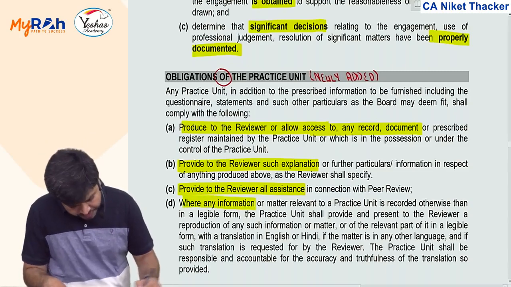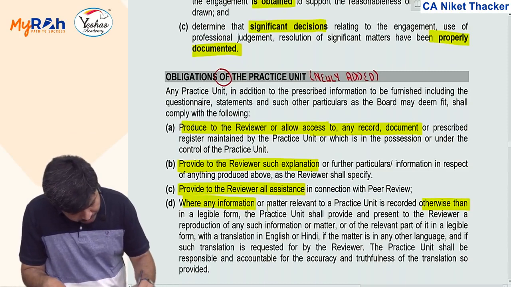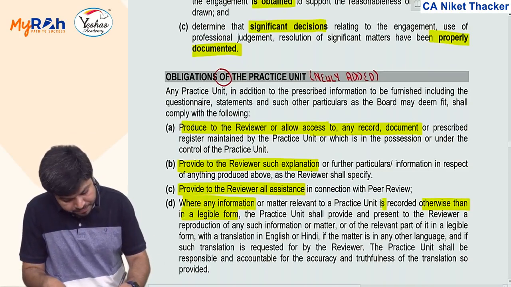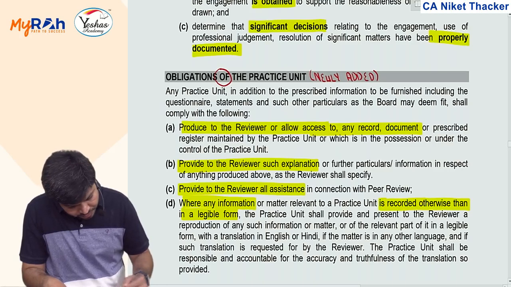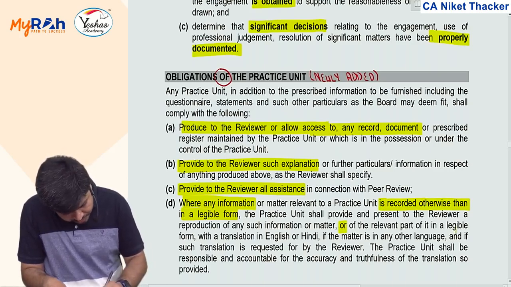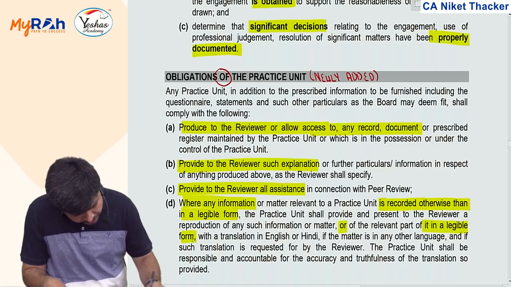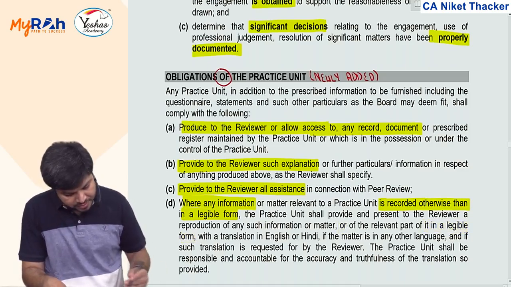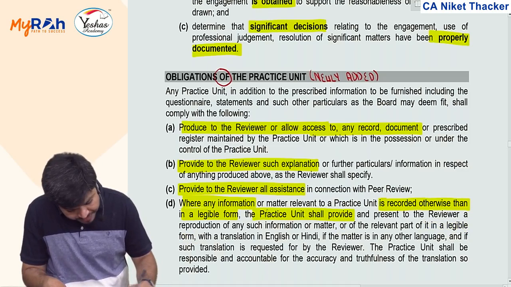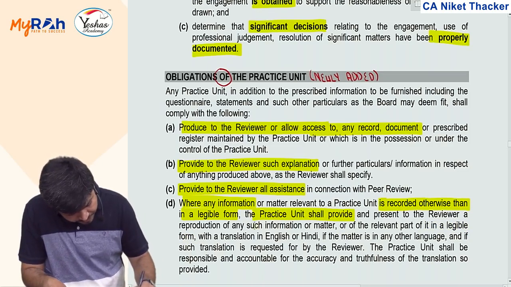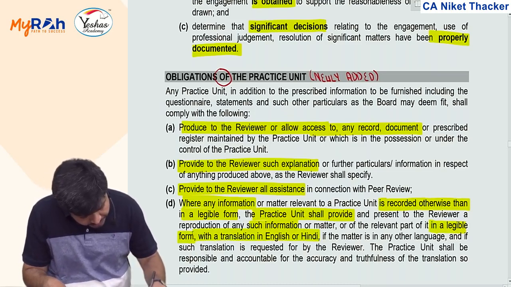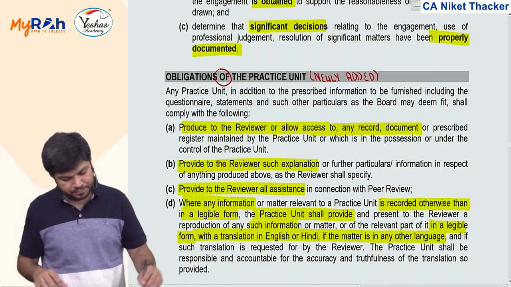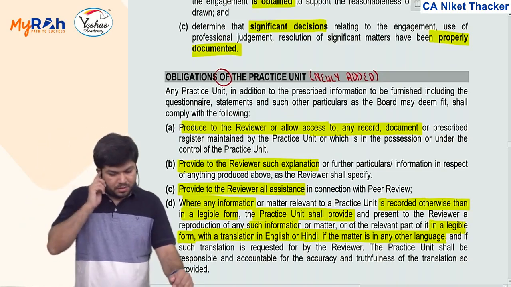Where any information is otherwise than in legible form, you shall provide such information in a legible form with a translation in English or Hindi if it is in another language.